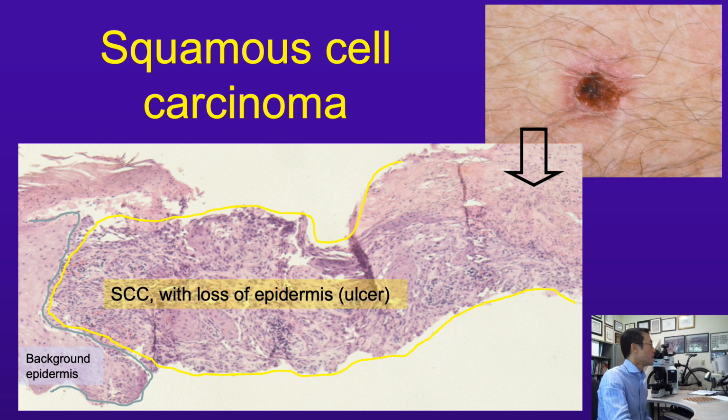Here in this central portion, we see the tumor, characterized by irregular aggregates of more or less eosinophilic or pink epithelium with the same cytologic atypia that we saw in either Bowen's disease or actinic keratosis. In addition, we have a central ulceration and background epidermis off to the side.